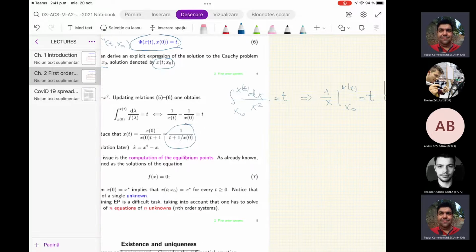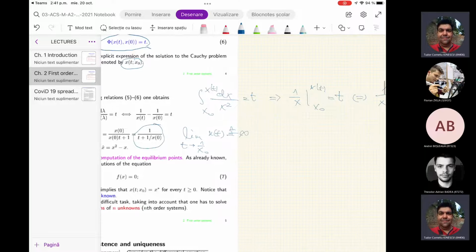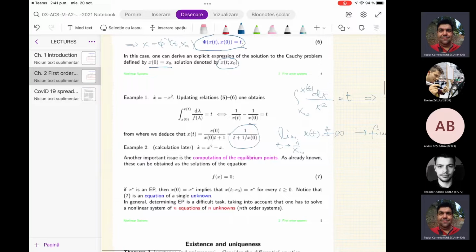So if you take the limit when t goes to 1 over x naught of xt, this is plus or minus infinity. So this is a vertical asymptote, hence this is finite escape time.